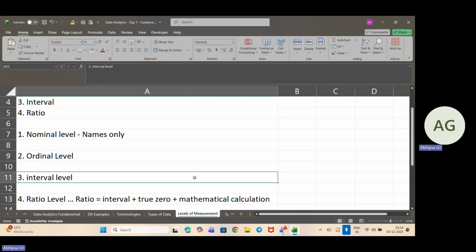So this is all about the levels of measurement.